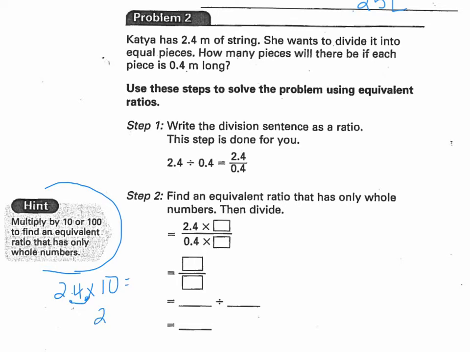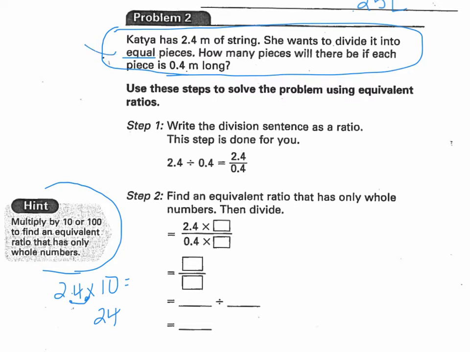It will become easier to divide. So our statement here is Katja has 2.4 meters of string. She wants to divide it into equal pieces. How many pieces will there be if each piece is 0.4 meters long?